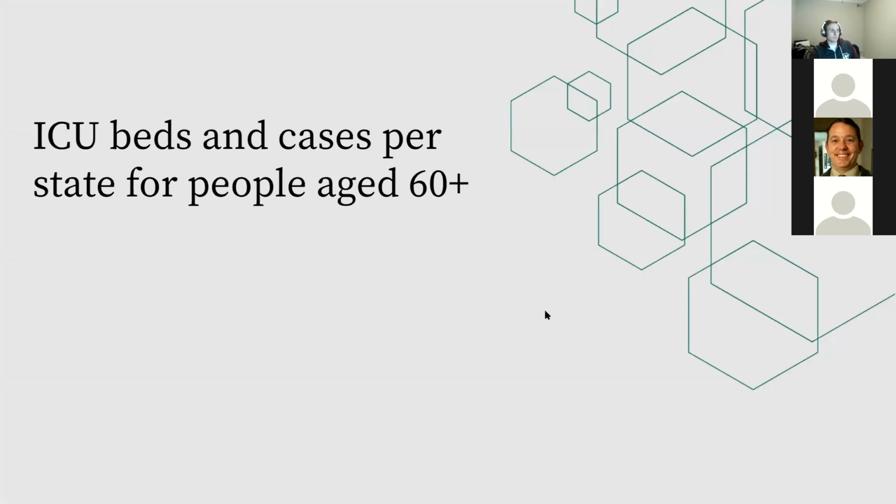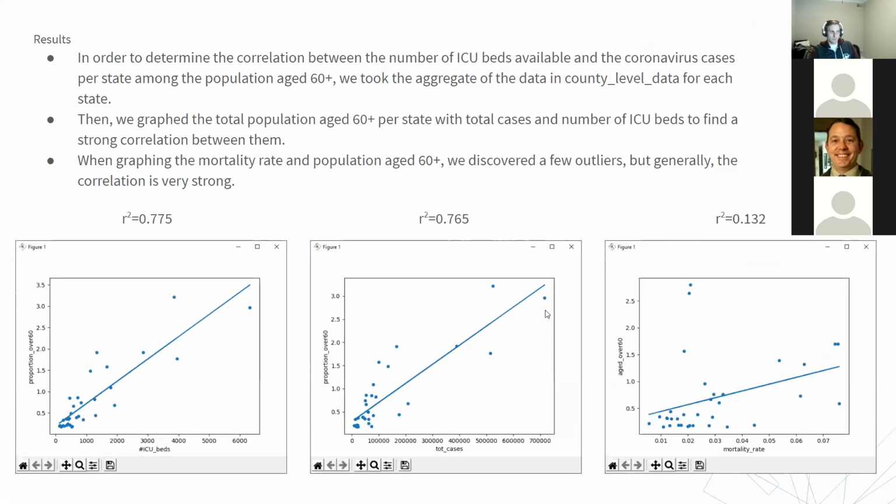Let's see. So we also looked at the number of ICU beds available and cases per state, as well as people over the age of 60. So we took the county level data for each state and summed that in order to get some of these total case counts and the population proportion over 60.